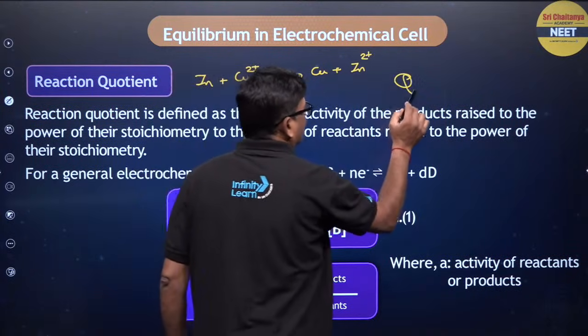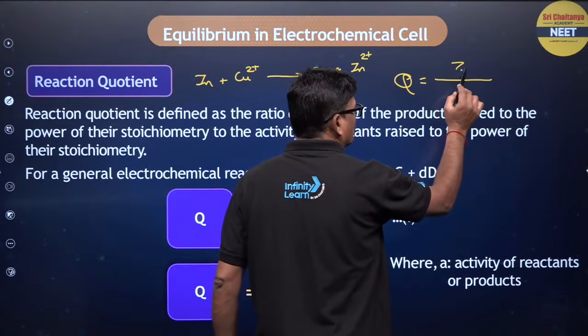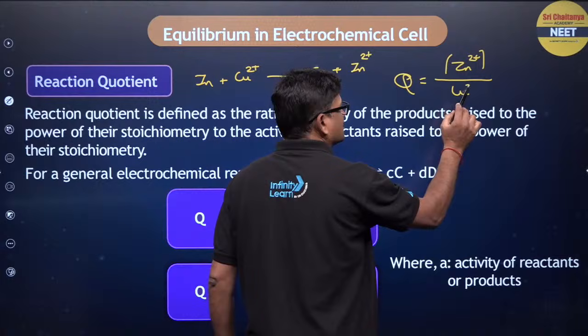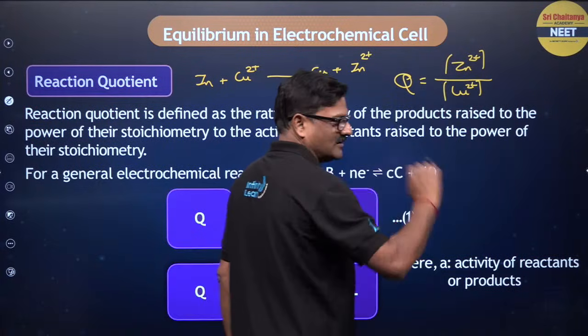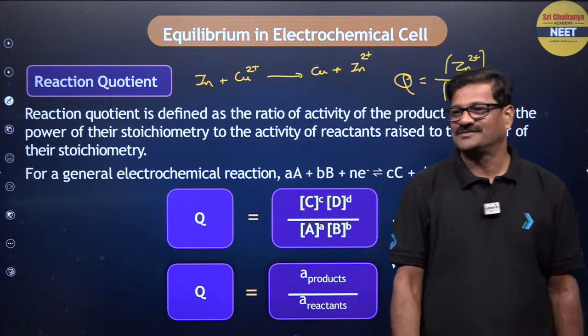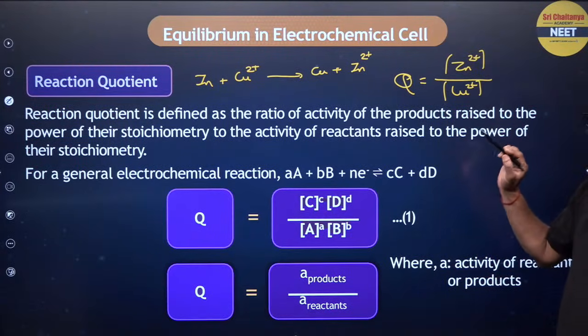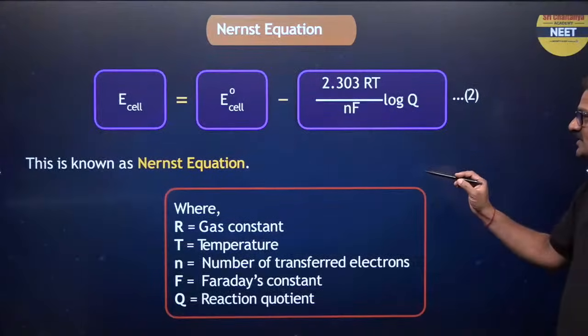So Q can be given as zinc 2 plus concentration upon copper 2 plus concentration. Are you getting it or not, bacho? Clear? Any doubt? If the system is at equilibrium, Q is going to be Kc.